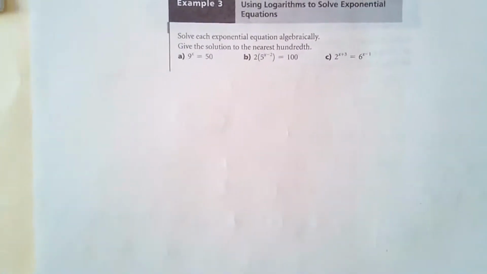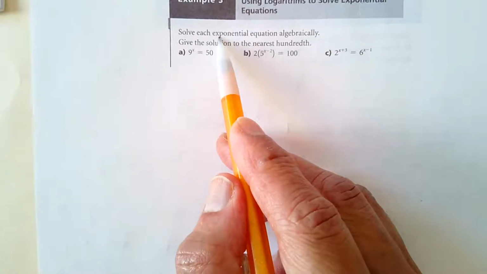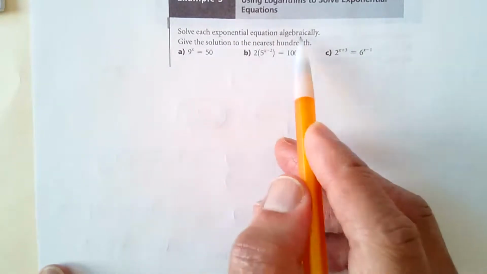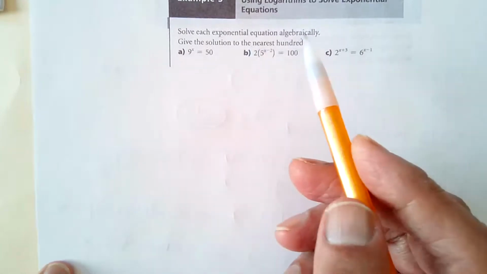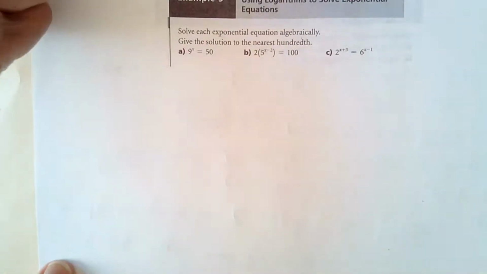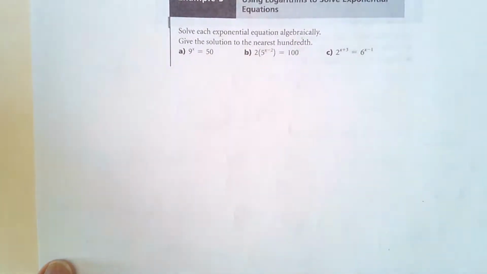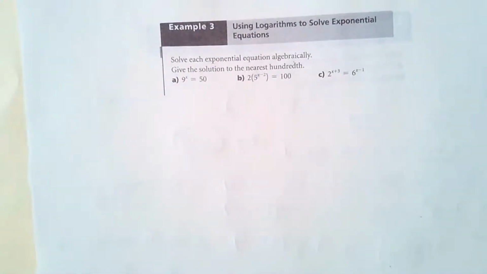And here I have 3 example questions. Let's look at the first one. Solve each exponential equation algebraically, and give the answer to the nearest hundredth. And this is where we're going to use the change of base formula.